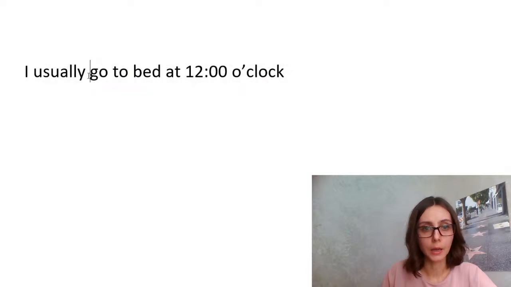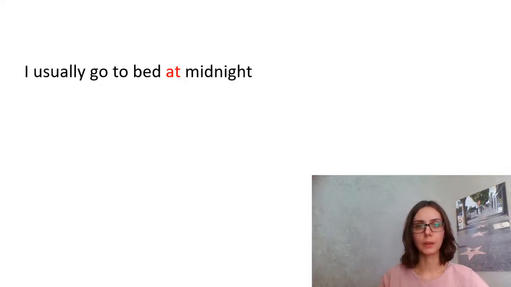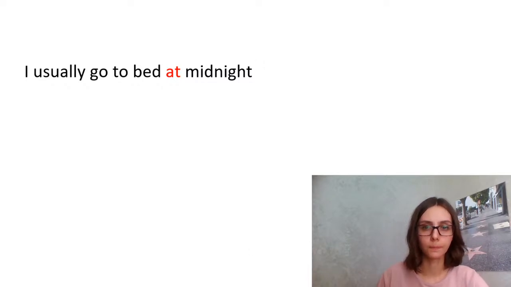So I would say I usually go to bed at 12 o'clock, or I can say at midnight. So at what time do you usually go to bed? Victoria at midnight, Alex 1 a.m. Oh, very late. And Kate goes to bed at 9 p.m. It's pretty early, but I think it's very healthy. Yeah, it's great. All right.